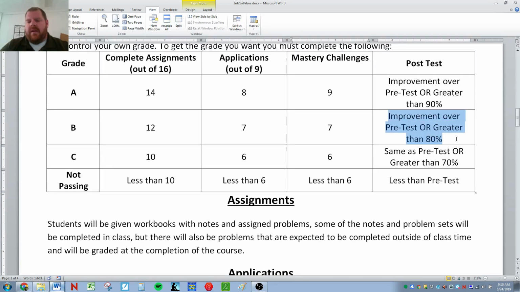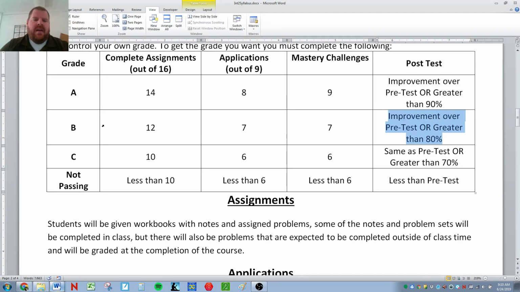And then, let me reemphasize, show improvement over my pretest, or just get a score greater than 80% on my post-test.